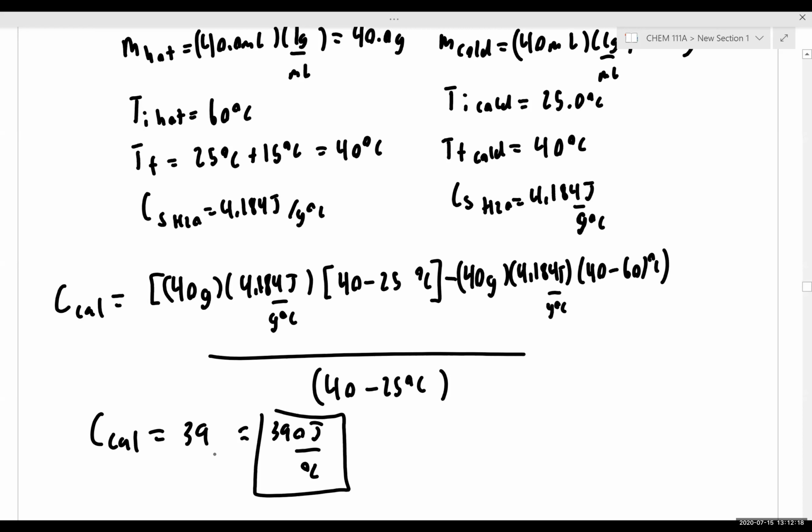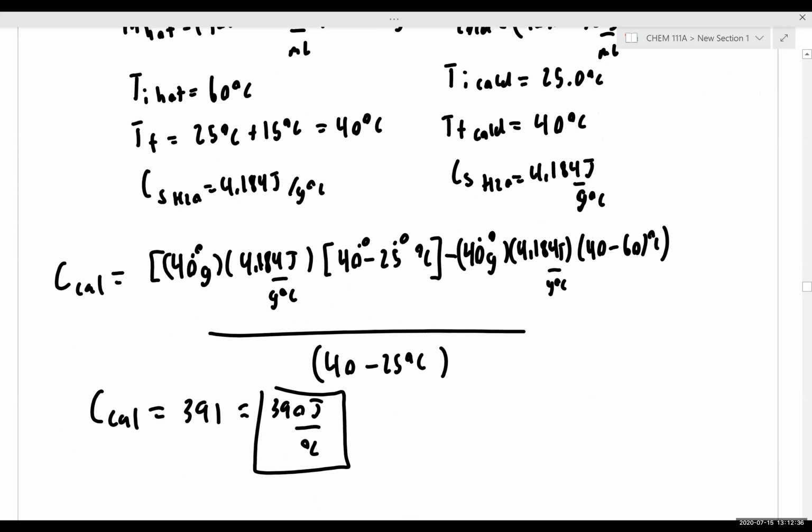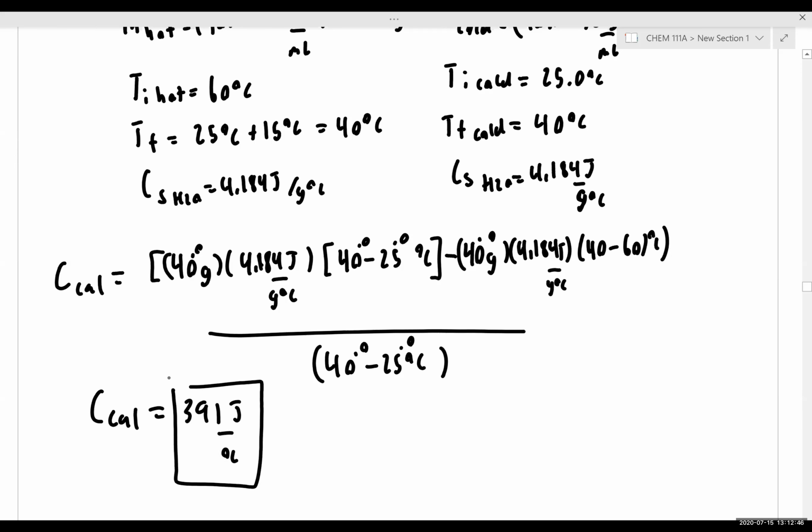Sorry, we're rounding because our input, let me show you here, 3 sig figs, this should be 40.0. Oh, we don't have to round. All of our inputs have 3 sig figs, so we can keep this as 391 joule per degree Celsius. Any other questions on this example?